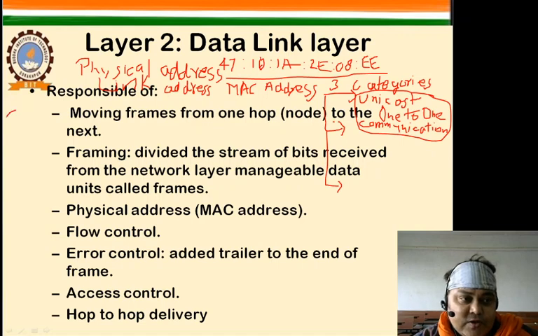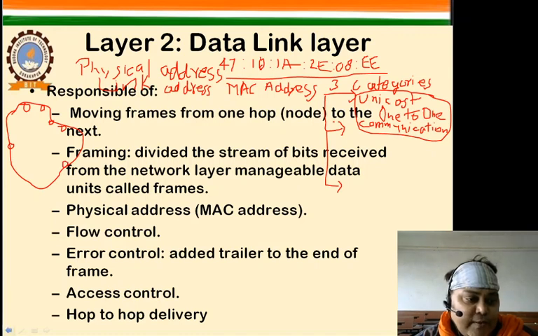Suppose this is your network and I am putting a few circles, 1, 2, 3, 4, 5. Now I am going to color them.